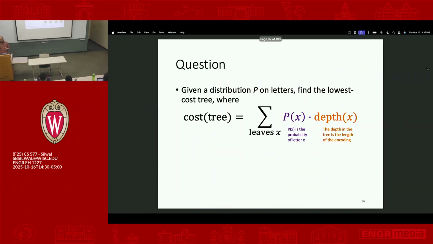So this is the problem that I care about, the definition of the problem. I have some n letters, or n symbols. I want to encode them as bits. I want to do this in this tree way, so that everything is uniquely decodable, nothing is a prefix of the other. That's a property that the tree has.